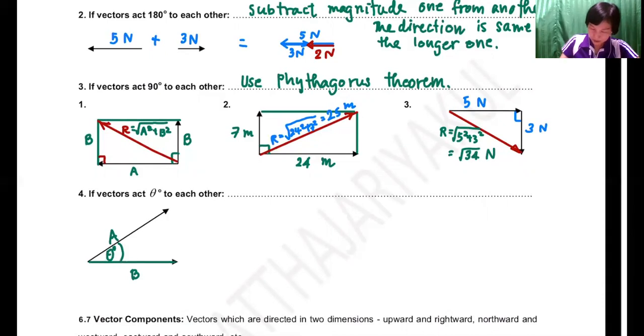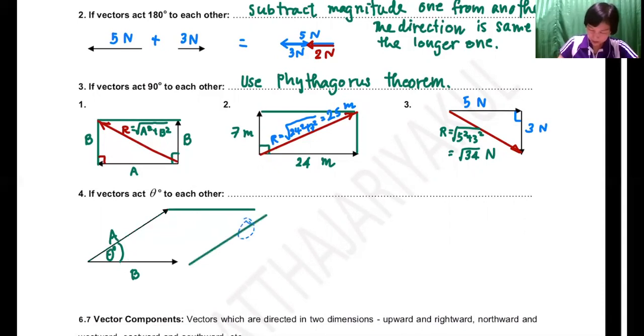I will copy another straight line that has the same magnitude as vector B, and another one with the same magnitude and direction as B, but I don't need to draw the arrowhead.